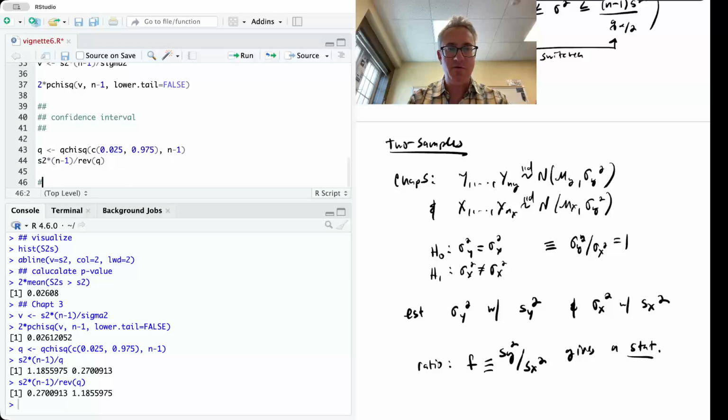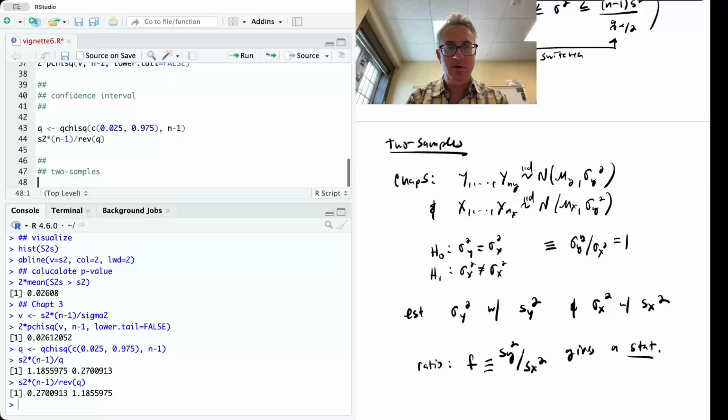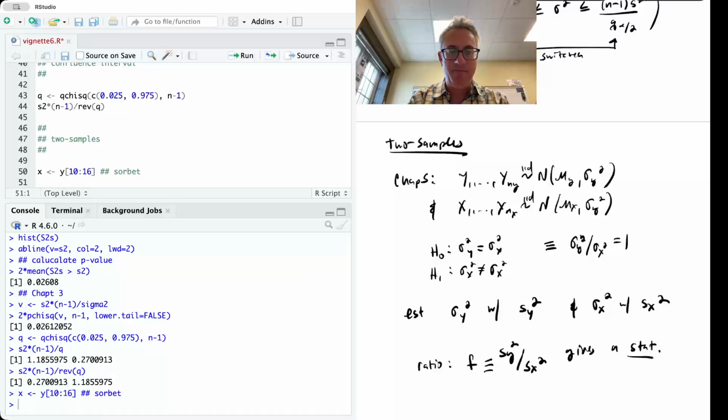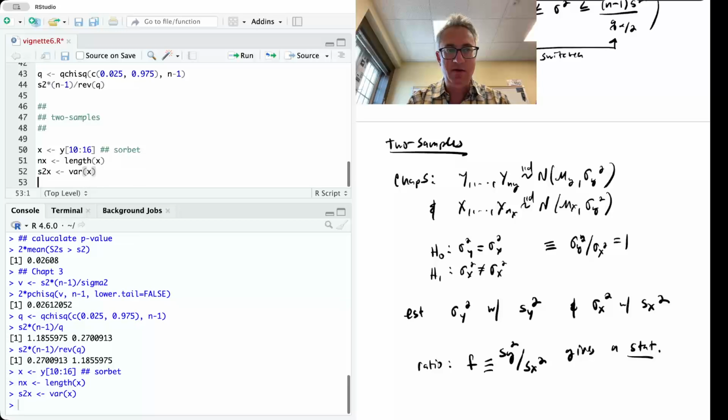Okay, so we're over here in 2 samples now. So I'm going to have to create a data set that has 2 samples. So we're going to partition into sorbet and ice cream, just like we did in chapter 5. So we'll call x, those are the y's from 10 to 16. Those are the ones that we're calling sorbet. And my nx is length of x, and my s2x is var of x.